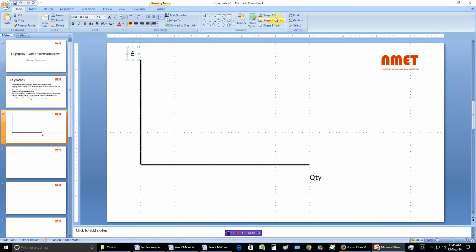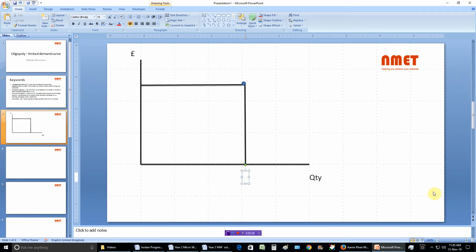And let's say in the market there is a price at that point. Let's say that's where the market is. So at that dot we've got the market clearing quantity at Q1, and we've got the market price as P1.